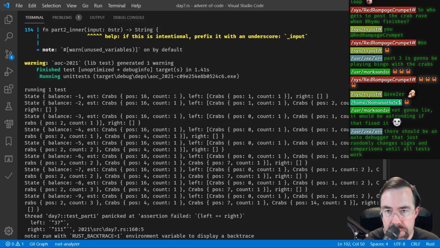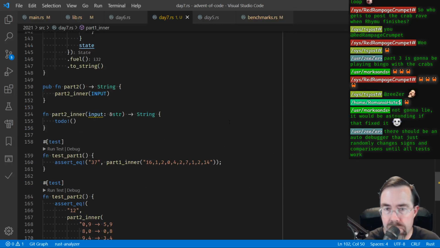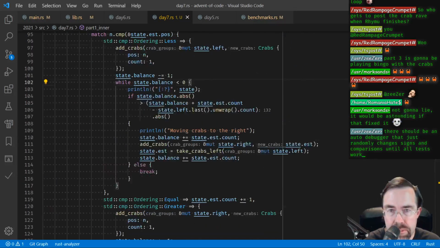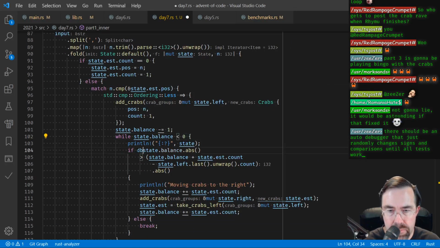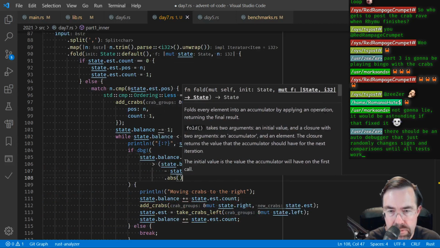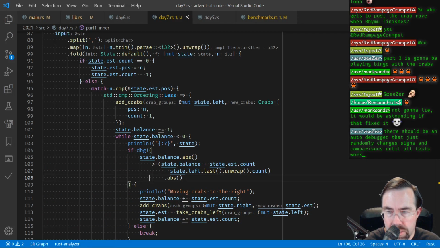Right, this makes more sense. There's 1 to the left of the estimate. Then there's 2 to the left. Why did we not shift it then? I really want to, can I debug this entire expression? Yeah, I can.